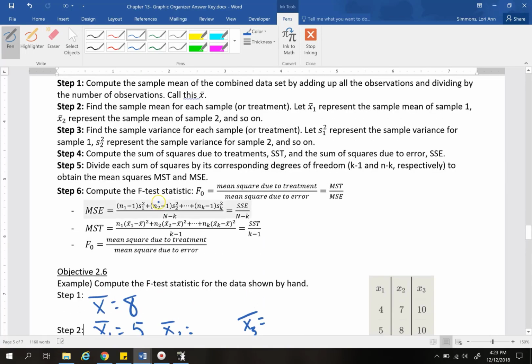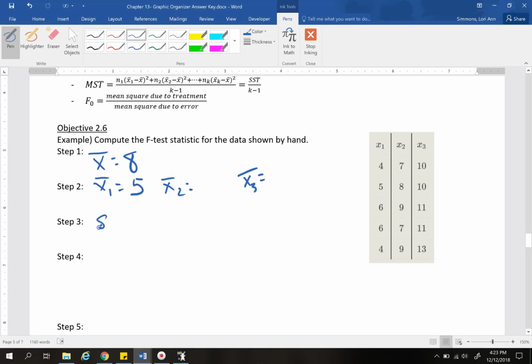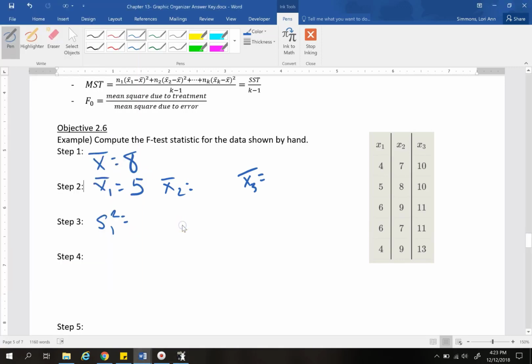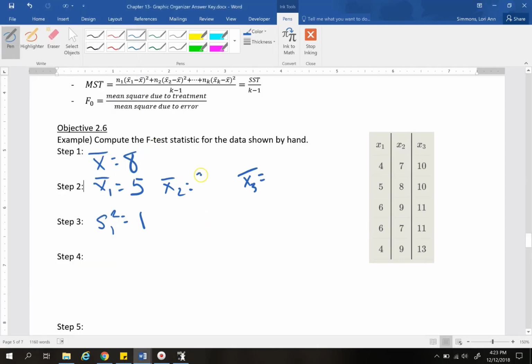And then step 3 also wants you to find the sample variance for each sample. Remember, the sample variance is your sample standard deviation, 1 in this case, squared. 1 squared is 1. Then you can do it again for your second list, L2. 8 is our mean. Again, our sample standard deviation is 1.